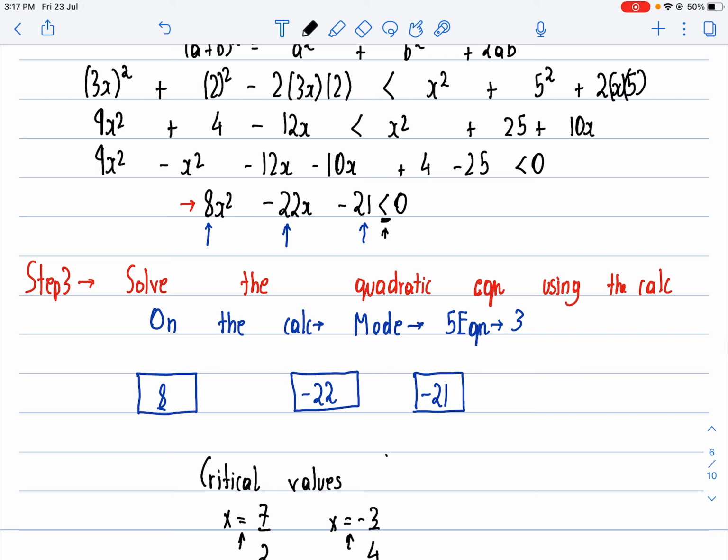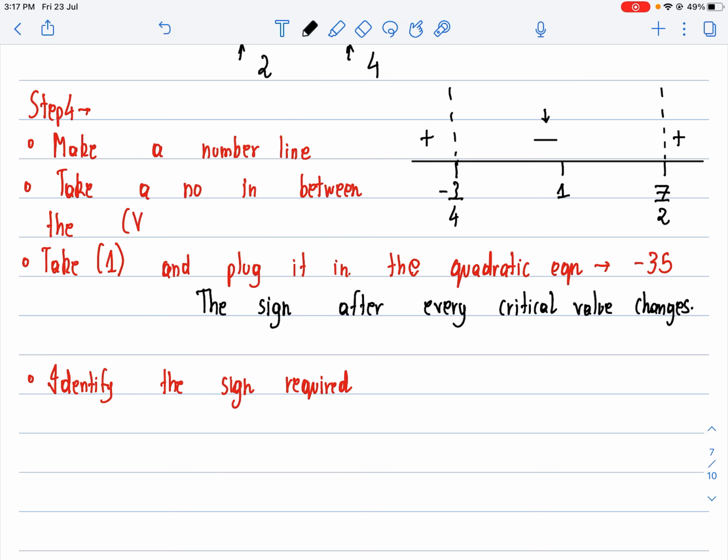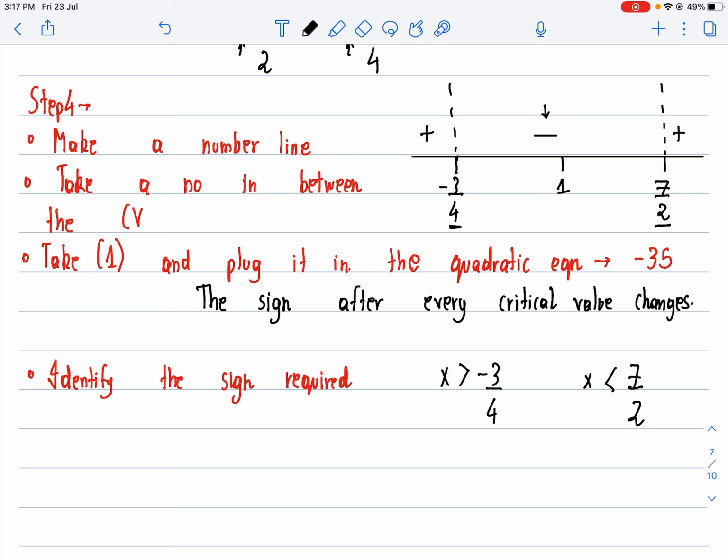In this case we need a negative sign. When do you get a negative sign in the number line? When you take values which are more than -3/4 and less than 7/2. So basically x is more than -3/4 and x is less than 7/2. This is when you get the negative sign, correct?